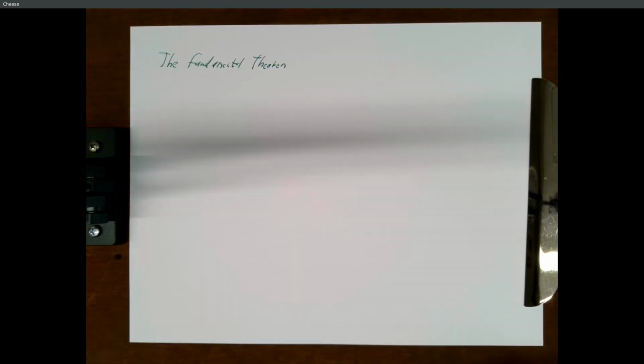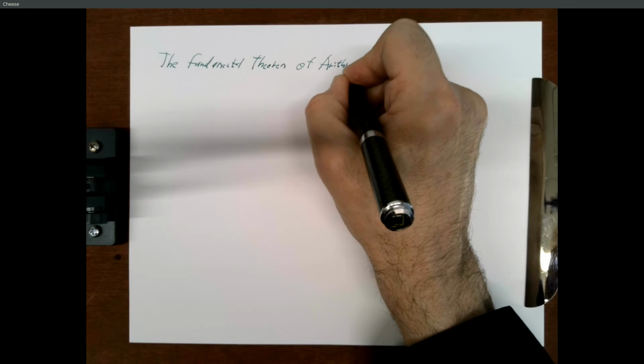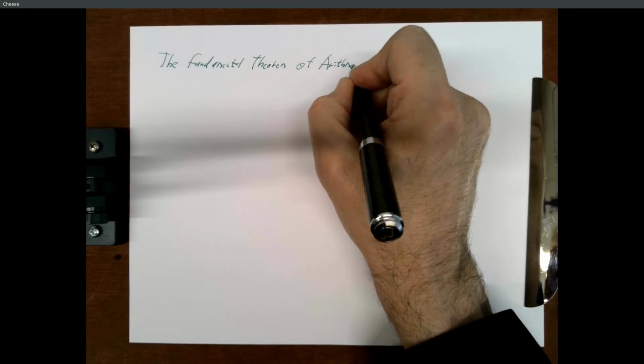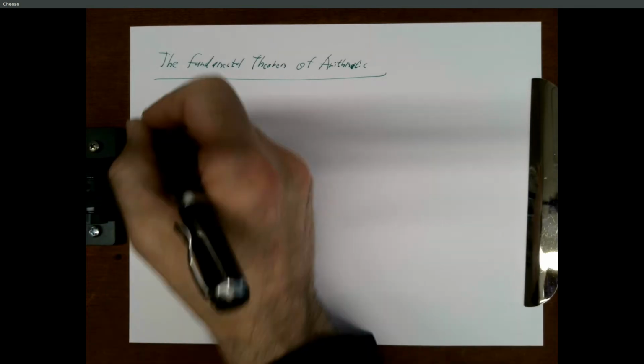So there's a thing called the fundamental theorem of arithmetic. Right, there are fundamental theorems of calculus and complex analysis and all this other stuff. Arithmetic has its own fundamental theorem. And what does this theorem basically say?